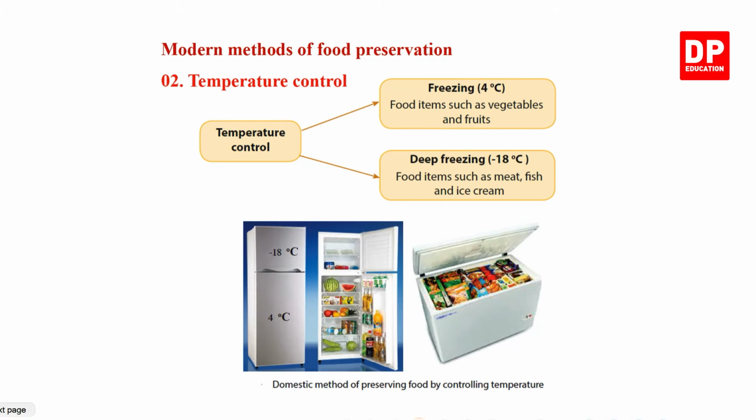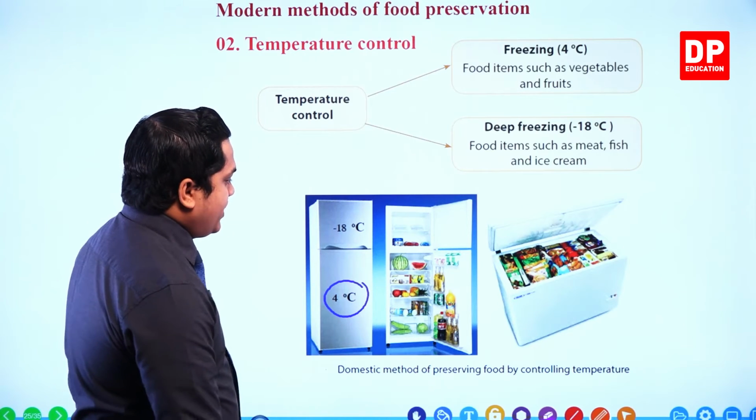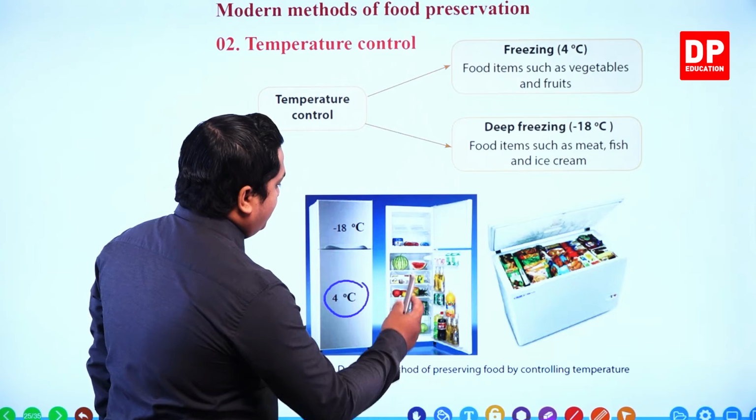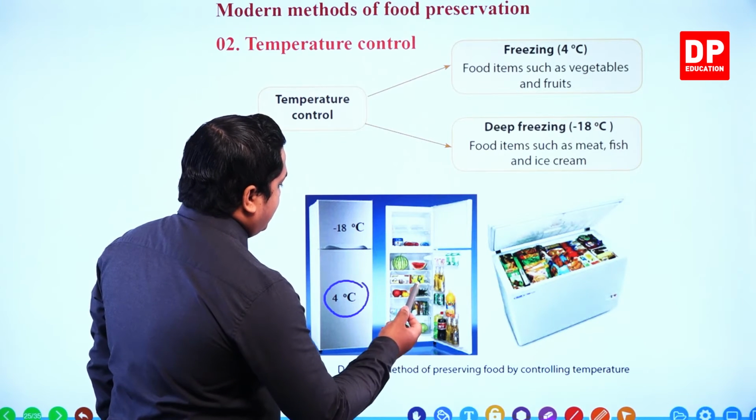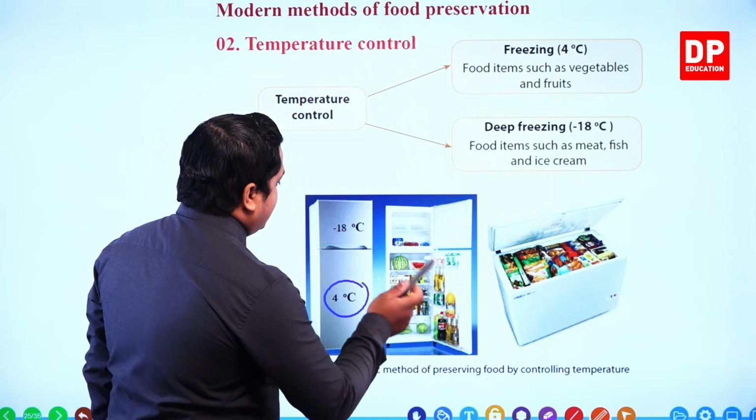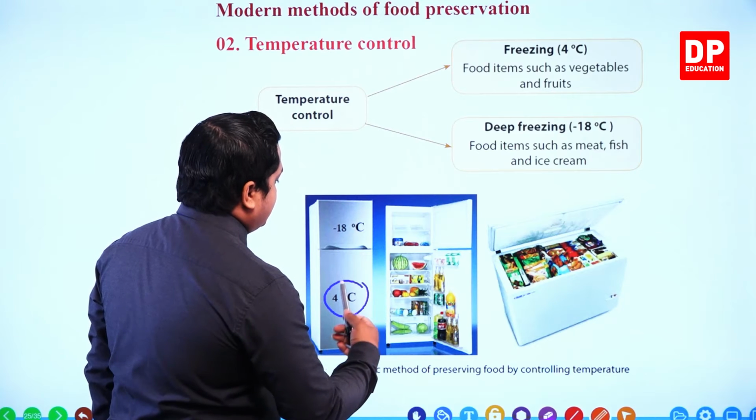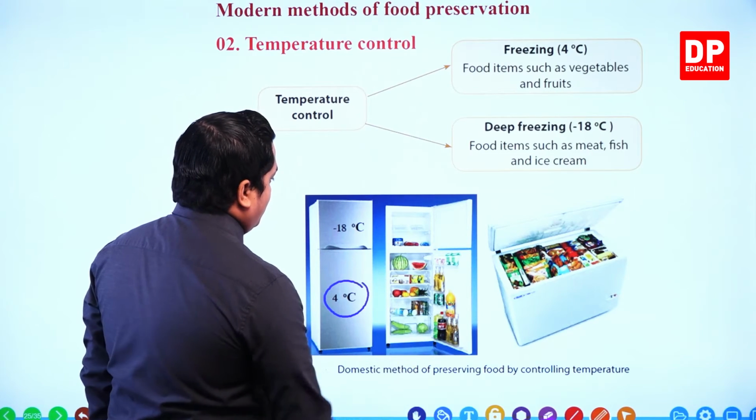So my dear children, under temperature control, you can see freezing is given at 4 degrees Celsius. If you take a normal refrigerator, the bottom part contains the 4 degrees Celsius part. Here you can store different kinds of food items, like drinks, fruits, vegetables, juices and so on.